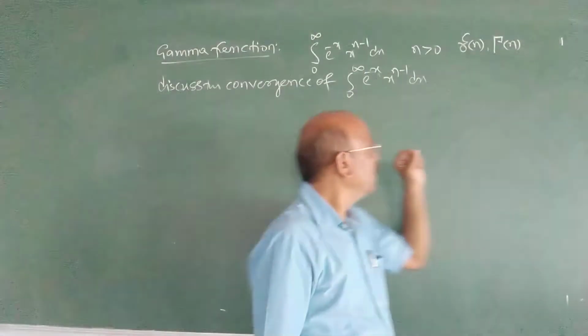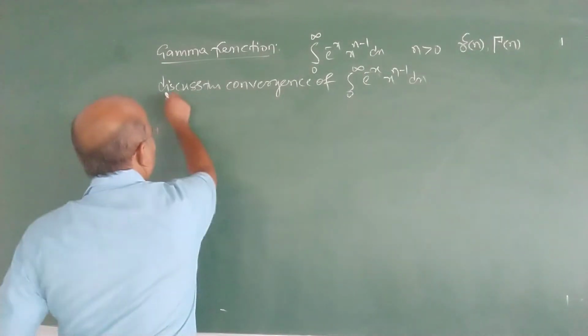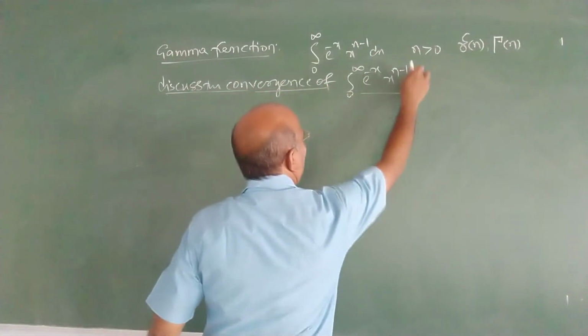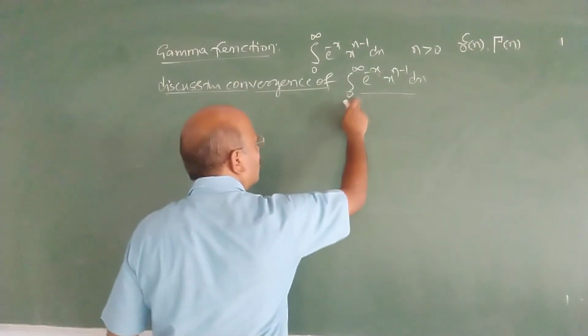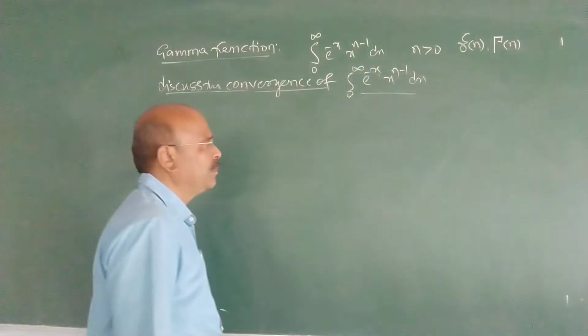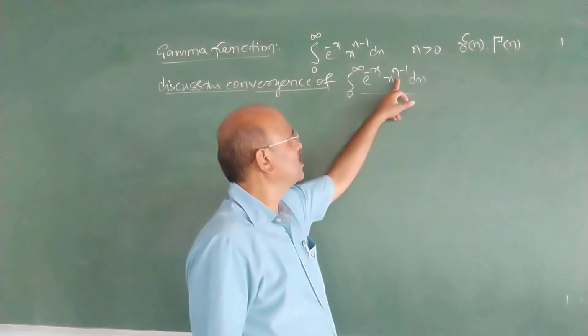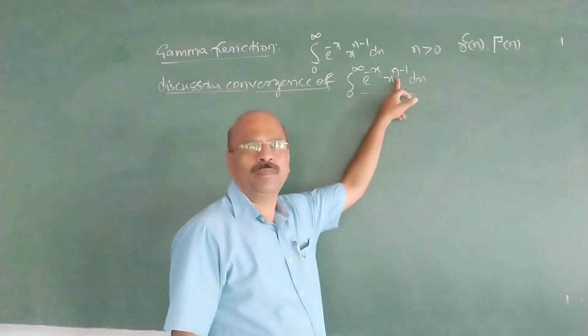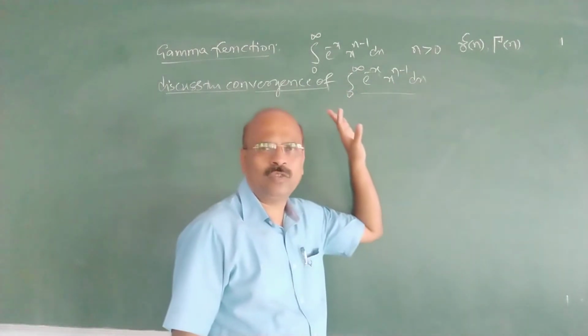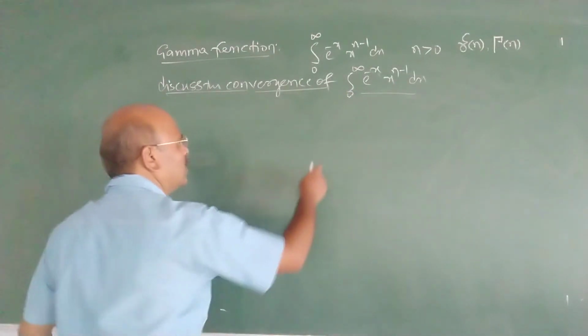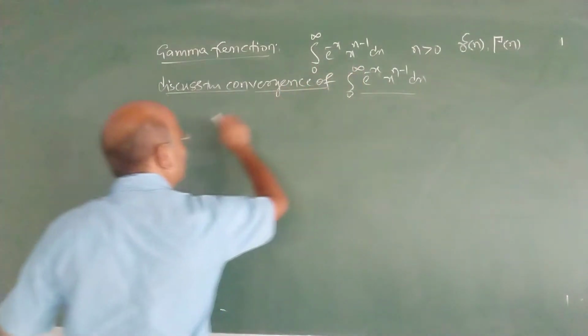For 2 marks, discuss the convergence means you have to prove that it converges for n greater than 0. Here 0 is also a point of discontinuity, because when n minus 1 is less than 0, that is n is less than 1, 0 becomes a point of discontinuity. So we have to discuss the convergence at 0 as well as infinity.